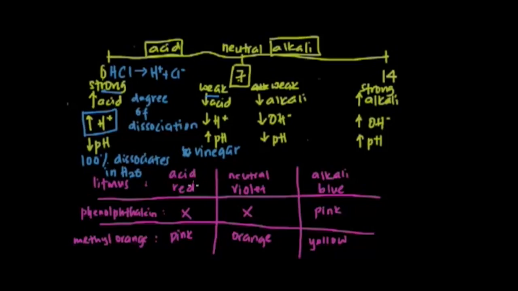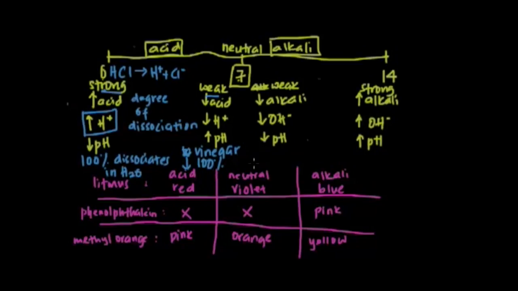The remaining 99.6% of the molecules remain unchanged. So they cannot release all the hydrogen ions, right? Therefore, they are known as weak acid. So weak acid has a degree of dissociation which is lesser than 100.